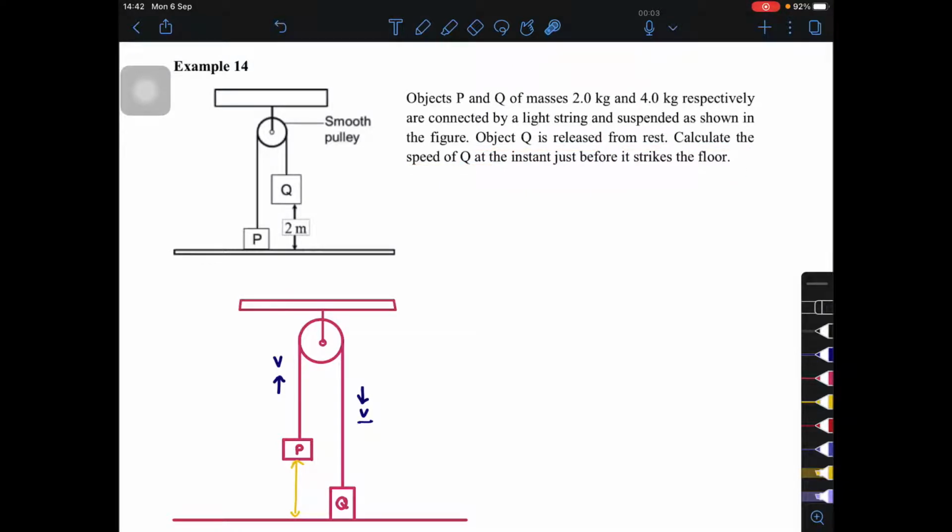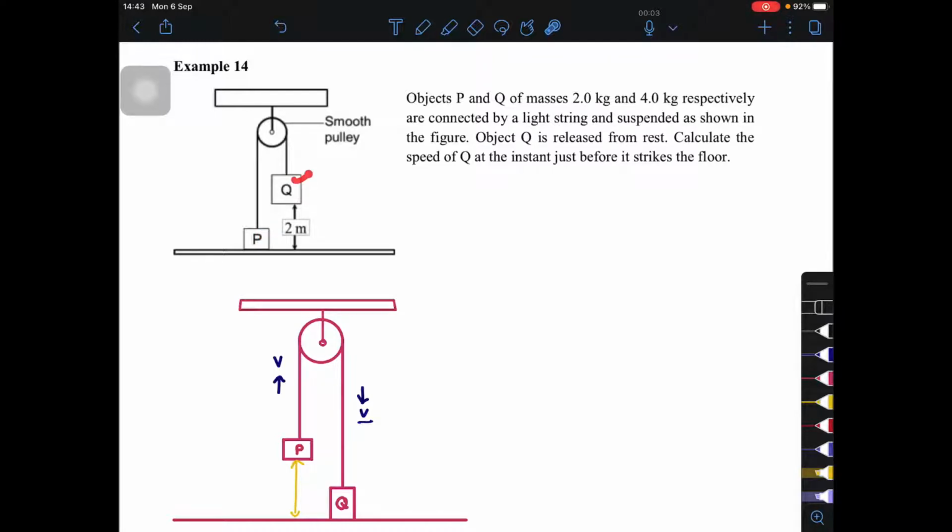Okay, so we're still under the principle of conservation of energy. So the first step we need to do is to define the system. So we have two objects, P and Q. So when we have two objects, it means that each object will have its own energy.